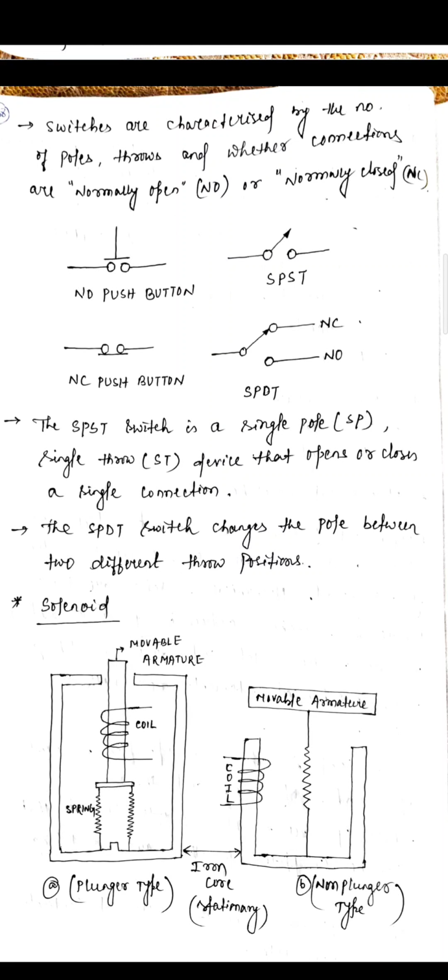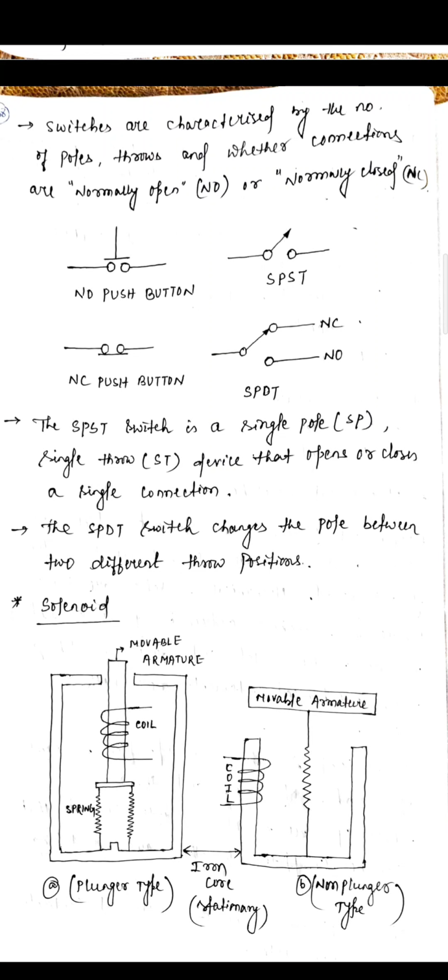The second one is the NC push button, normally closed, and SPDT means the switch changes the pole between two different throw positions. SPST is a single pole single throw device that opens or closes a single connection. So this is all about switches.